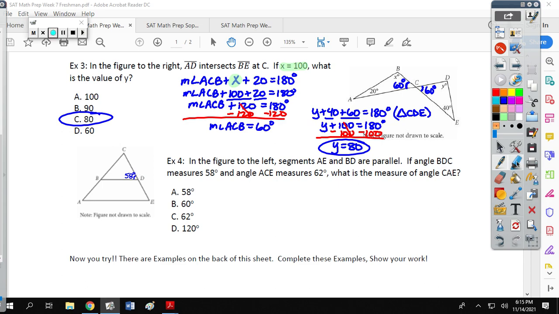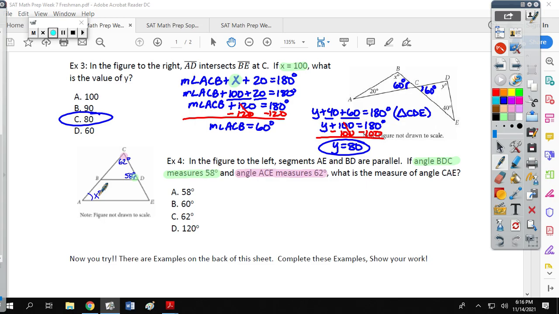Okay, that is angle BDC. And angle ACE measures 62 degrees. So ACE, that's this angle here. That angle measures 62 degrees. It says, what is the measure of angle CAE? CAE is the angle we're trying to find.